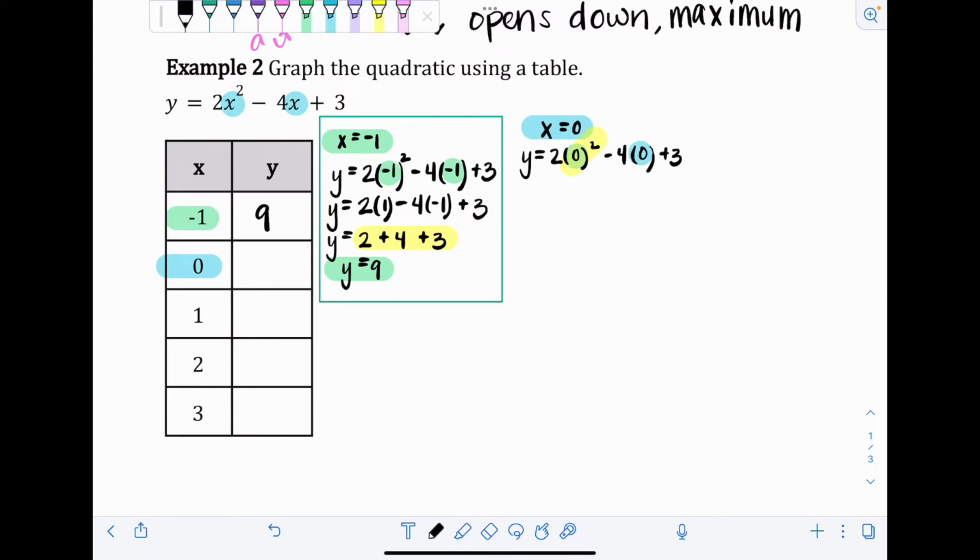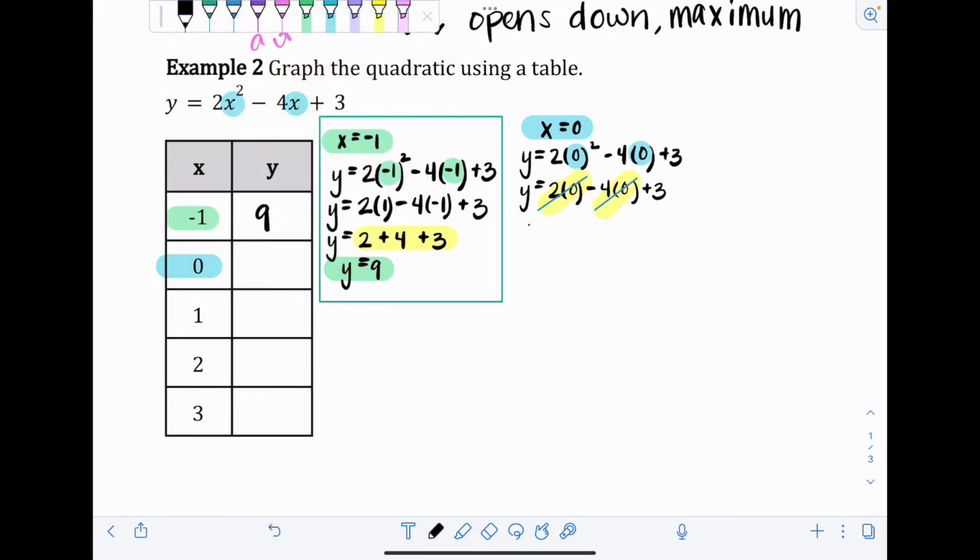Exponents first. So y equals, bring down the 2. 0 squared means 0 times 0, so that's still 0. Minus 4 times 0 plus 3. Now I can multiply. 2 times 0 is 0, and 4 times 0 is 0. So those are both nothing, which leaves me with just the 3.